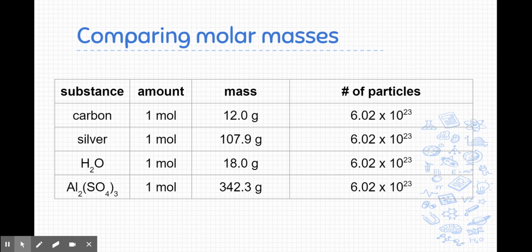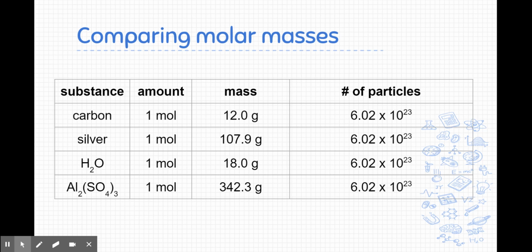Throughout this video, we have calculated the molar mass of 4 different substances, 2 atoms and 2 compounds. I've put these all in a chart so we can compare what's similar and what's different. When we're calculating the molar mass, we are always talking about the same number of particles.